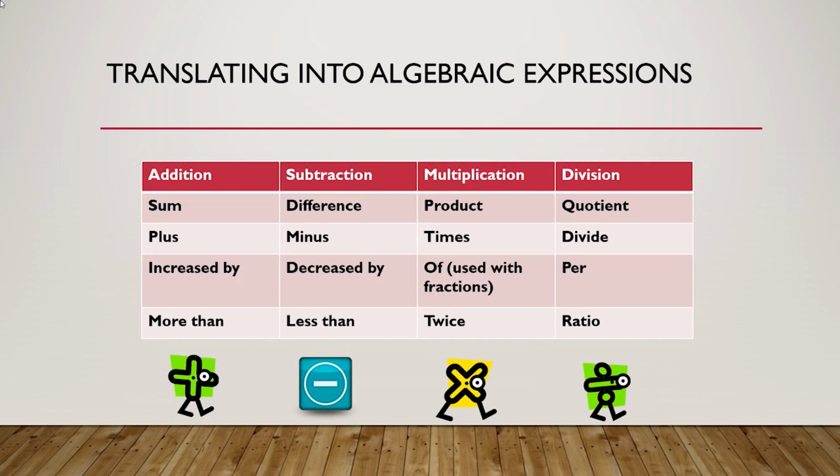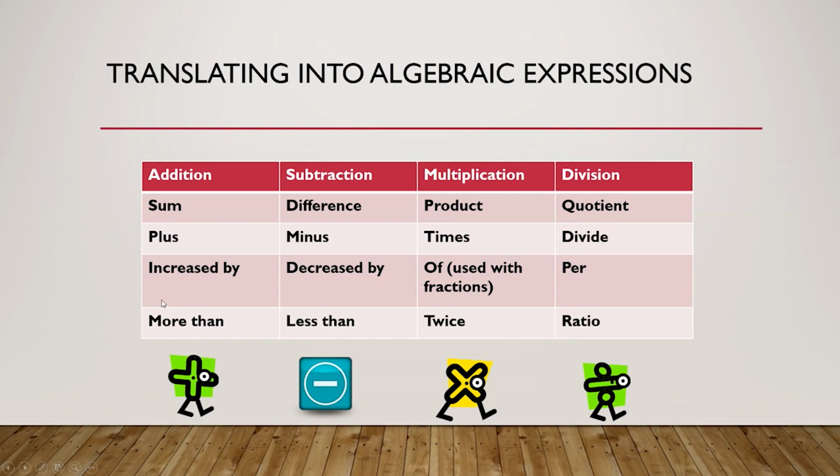All right, so now let's look at, and this is one topic after another, if you need a pause, then do so. So translating into algebraic expressions. You have four operations: addition, subtraction, multiplication, or division.